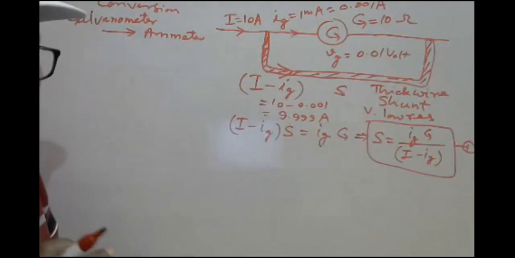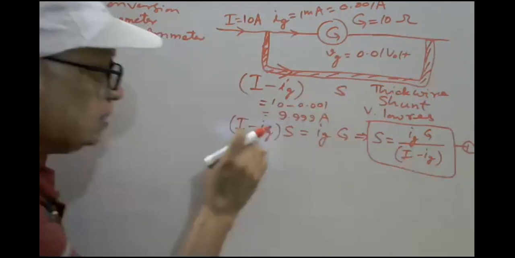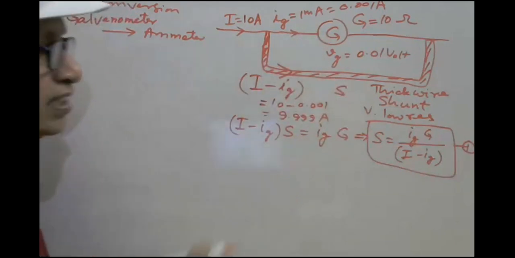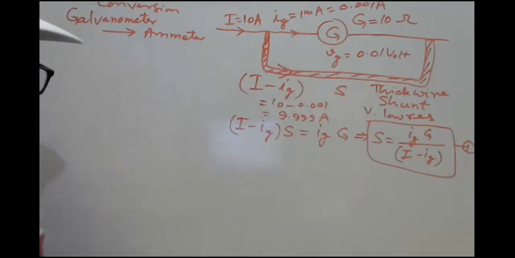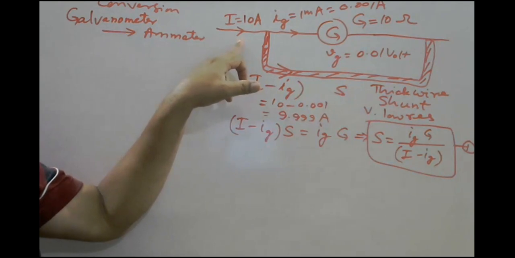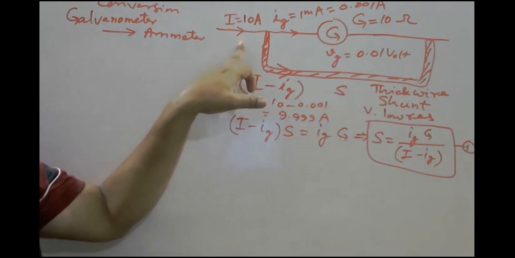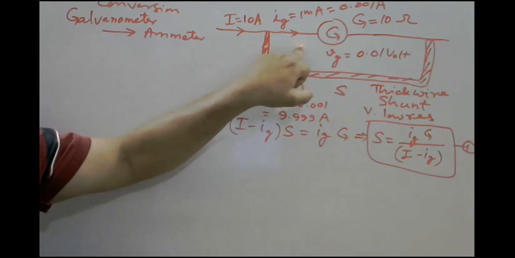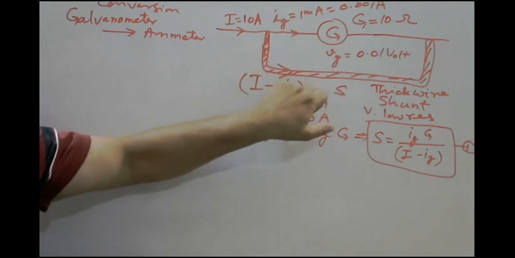In a parallel circuit, voltage remains the same. So we are equating the voltage: the current in the shunt multiplied by the shunt resistance equals the current in the galvanometer multiplied by the galvanometer resistance. So this is the formula to find the value of the unknown shunt resistance for measuring 0 to 10 ampere. This is the maximum current, 10 ampere, and just to protect the galvanometer, this is the maximum current that can pass through the galvanometer, and the rest of the current is passing through the shunt.